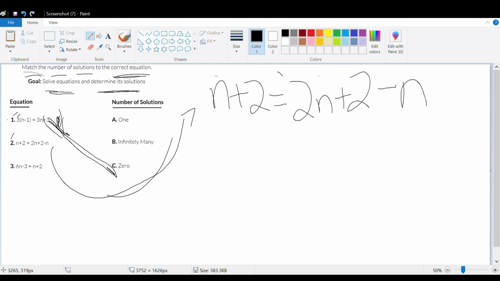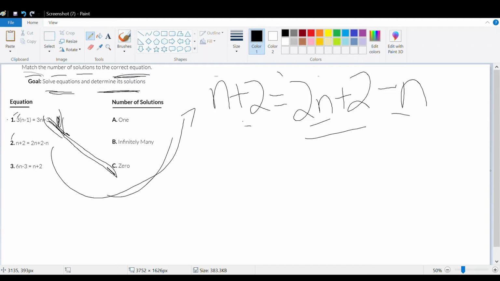On the left side, everything is simplified; there's no other operation that we can do to simplify it. But there's something on the right side that we can simplify: the 2n and the negative n.